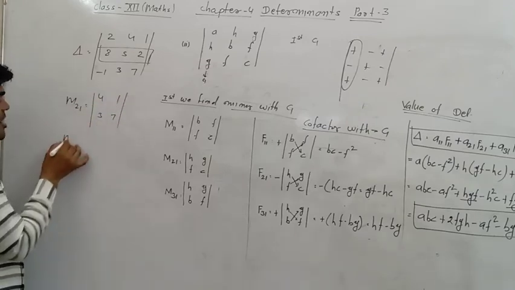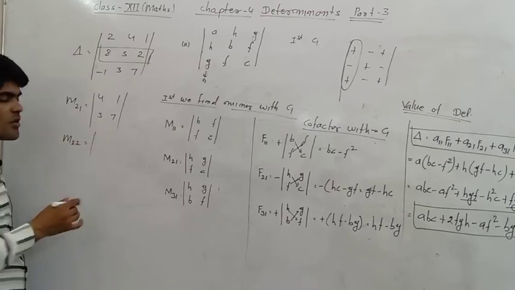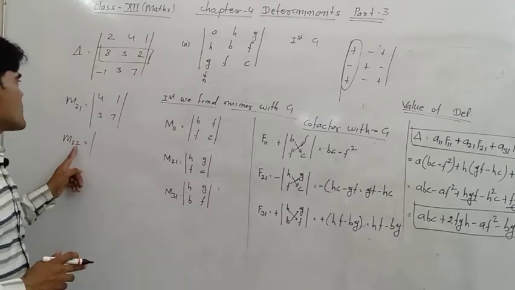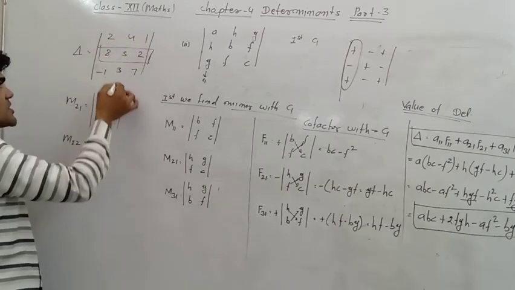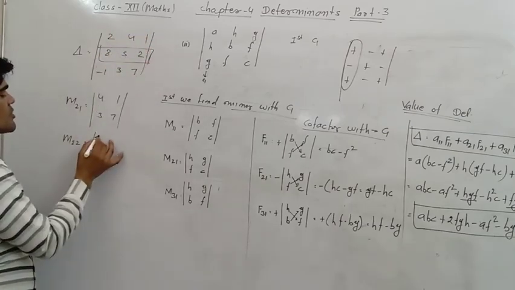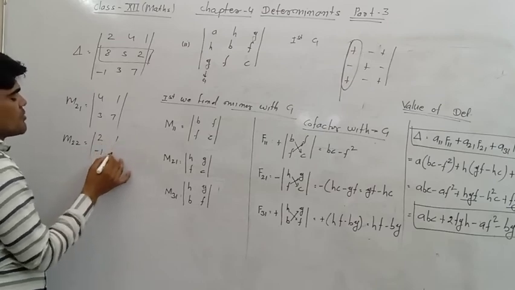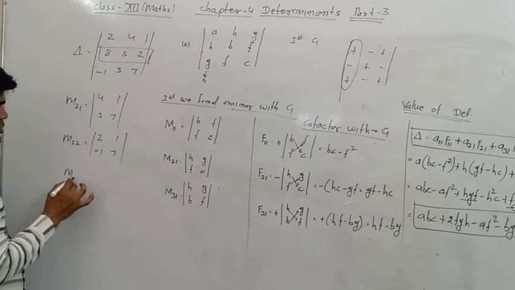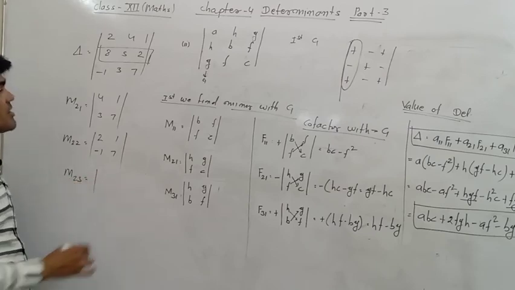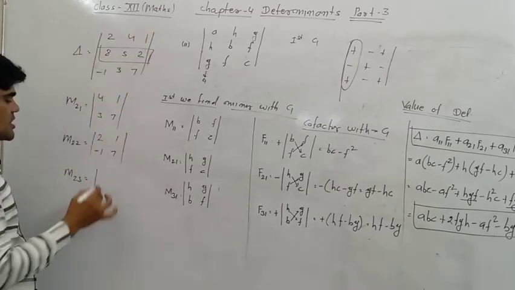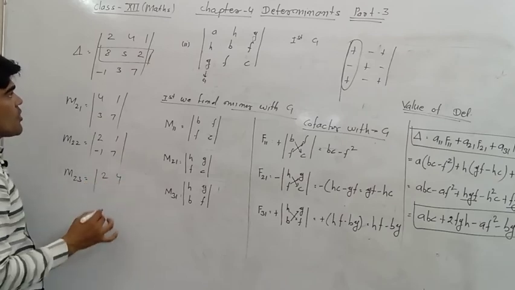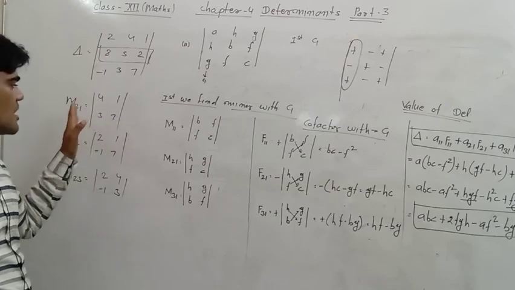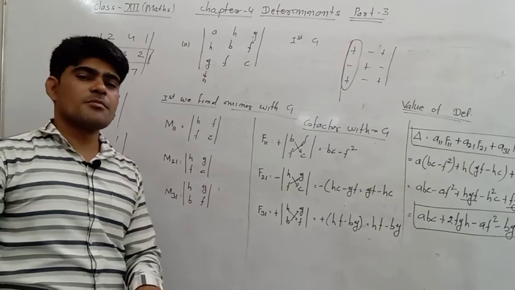Then M22, don't use any sign, only find its subdeterminant. For M22, this column and this row are removed, then 2 minus 1, 1 7. Simple. Next, M23, this row and this column are removed, 2 4, minus 1 and 3. These are the minors of the given determinant.